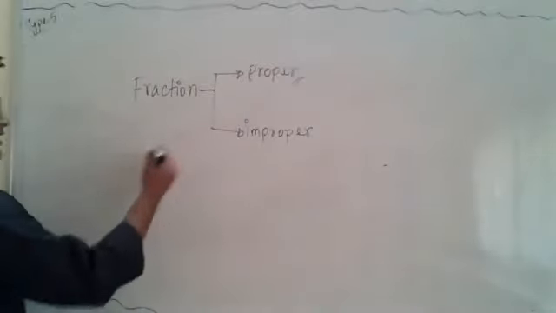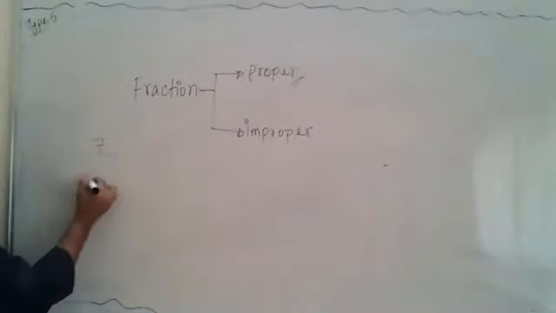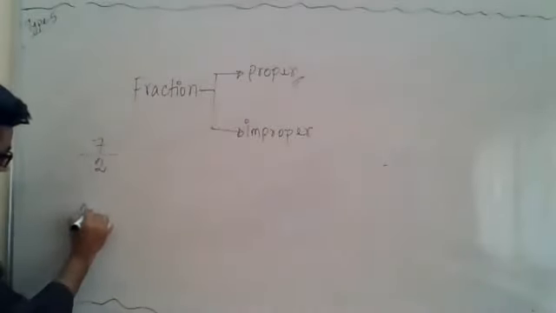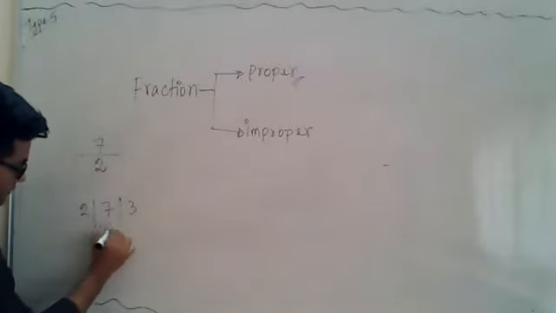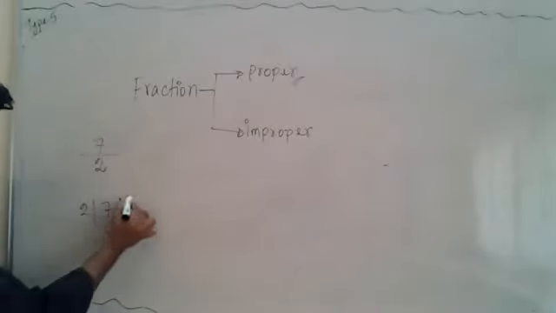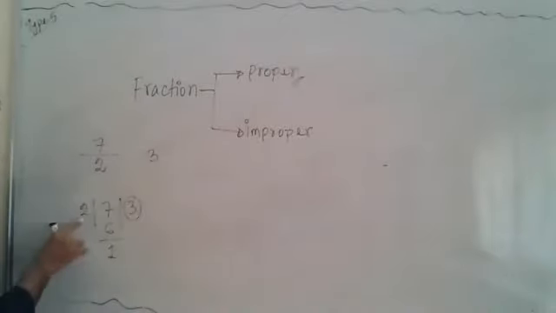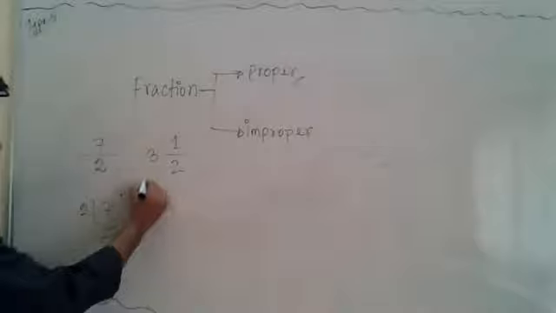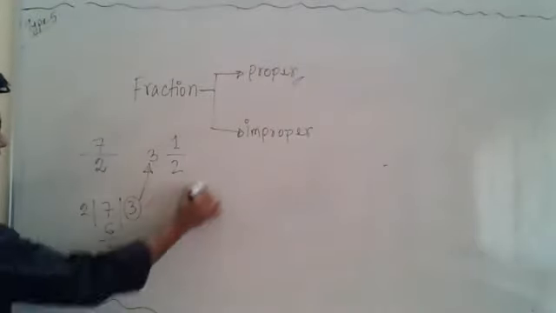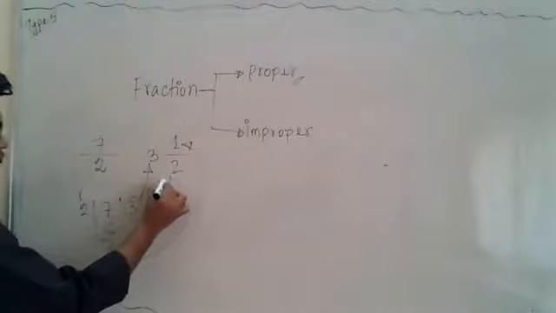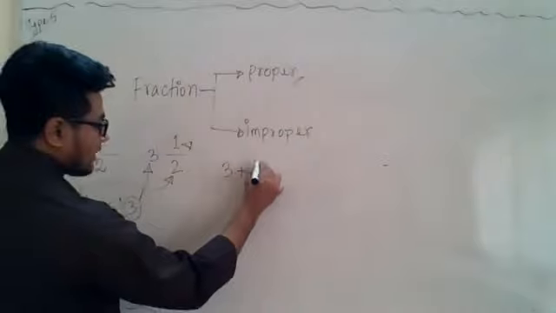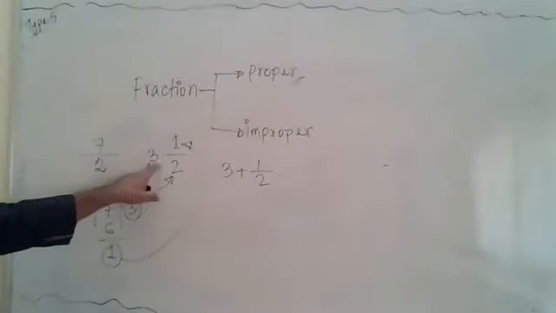If you remember, let us say I have an improper fraction, 7 divided by 2. How can I write this? 2 goes into 7 three times, with 1 as remainder. The 3 is written at the front, the remainder 1 is written above, and the 2 comes below. This means the same thing as 3 plus half, or 3 and a half.